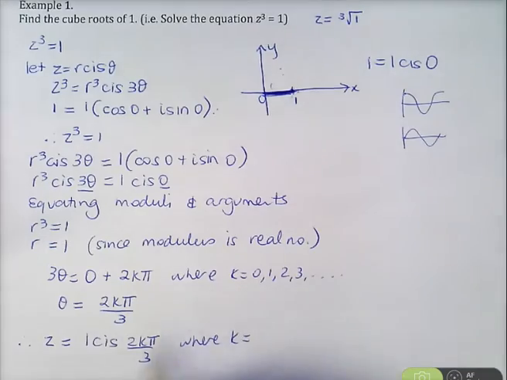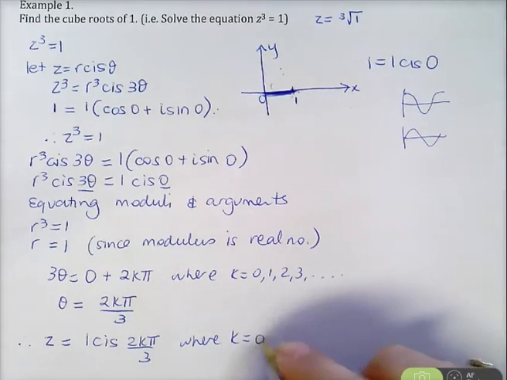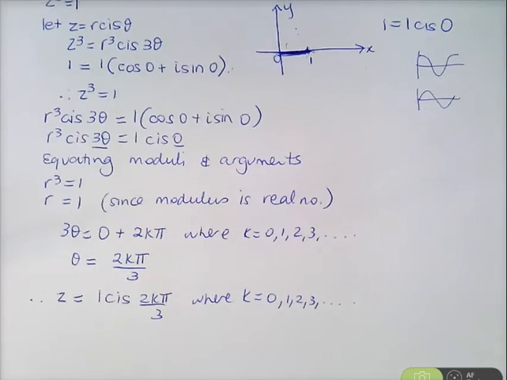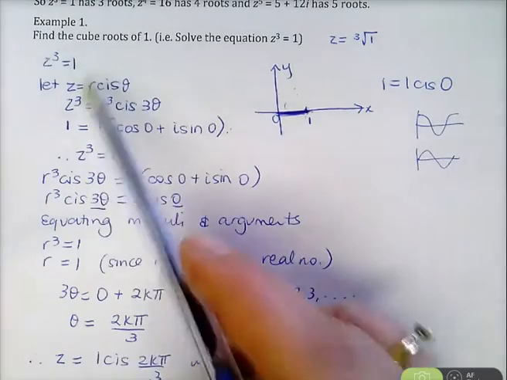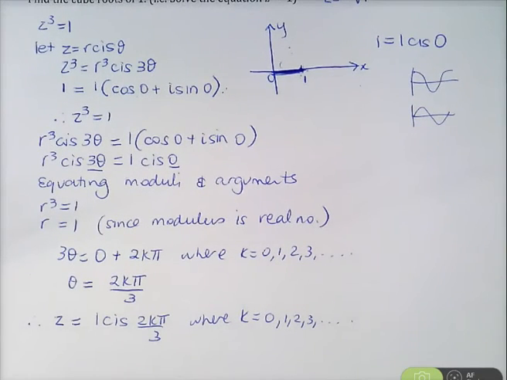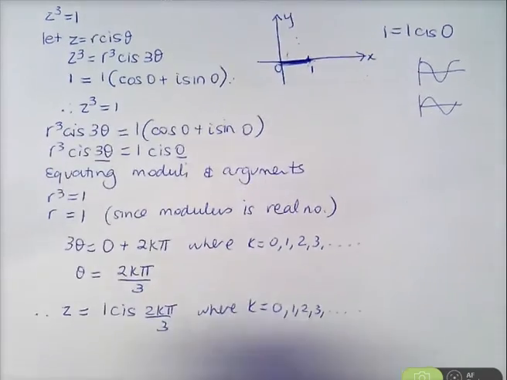So therefore, z equals 1 cis 2k pi on 3, where k is 0, 1, 2, 3, etc. Now remember that we only have 3 solutions for z cubed is 1. If I keep substituting in different values of k, after some time I'm going to get repeated values. So we just want the first 3 distinct values.